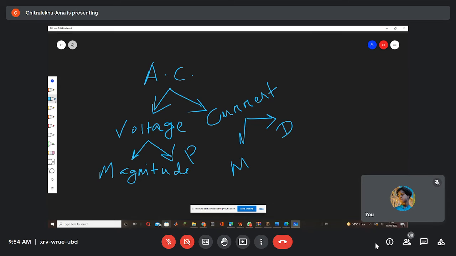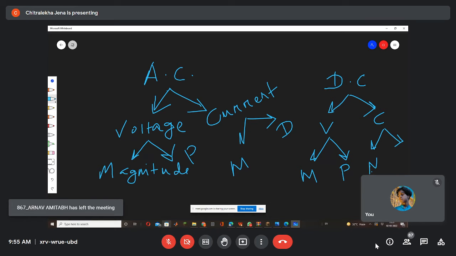Similarly, when you are discussing DC, same thing. When you talk about voltage, you talk about the magnitude and what? Polarity. And when you discuss current, you discuss magnitude and direction.